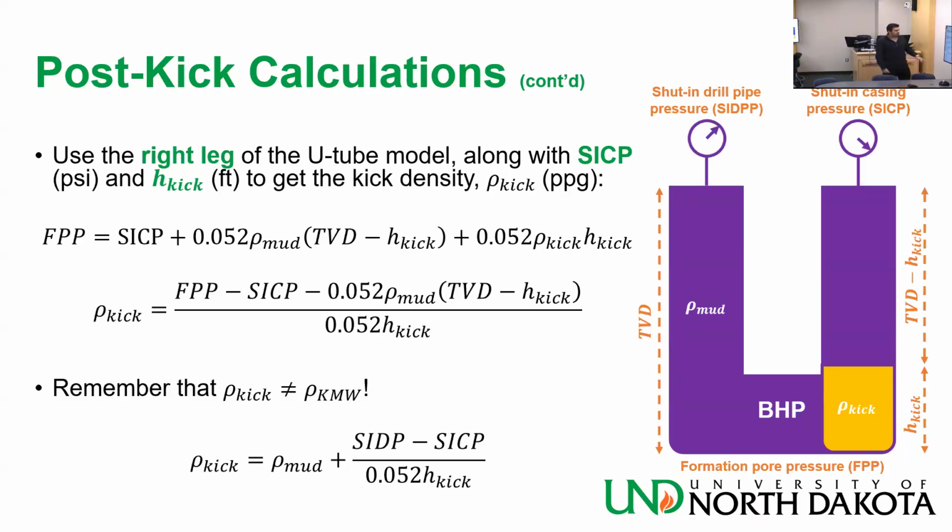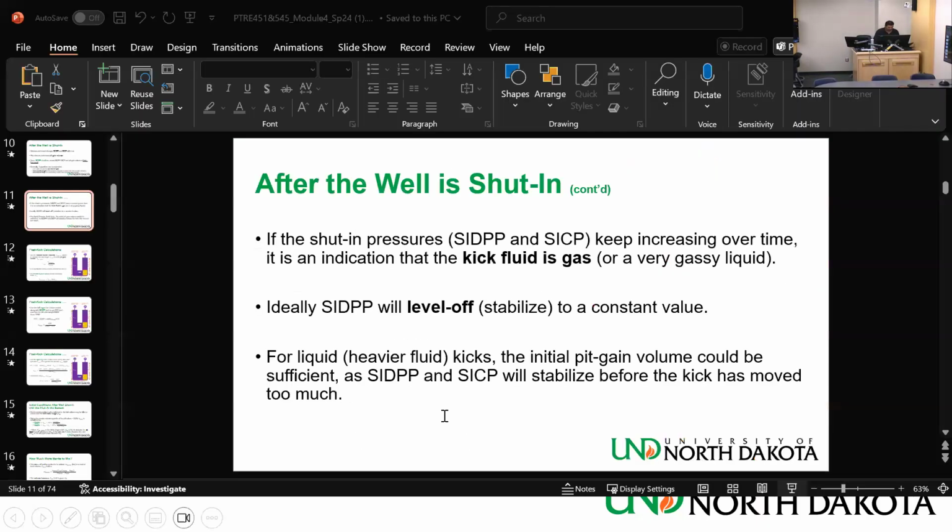But this is what Justin was asking, and I told him if your SIDPP, and I forgot the P here, is equal to the SICP, that means your density of the kick is equal to the mud density. You understand why now? I apologize for the typo.